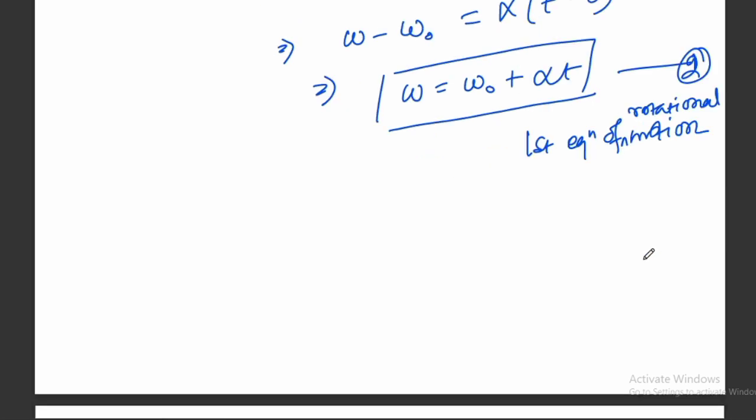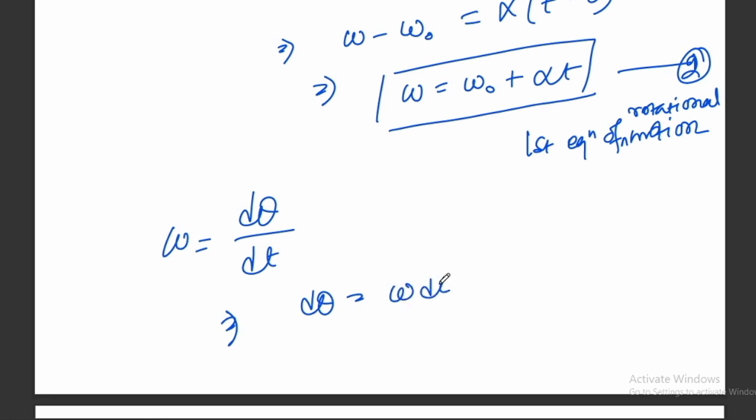Now let's derive the second equation of motion. The instantaneous angular velocity can be represented as omega equals d theta by dt. This is the angular displacement and this is the change in time. So in the next step, we can write d theta equals omega dt.